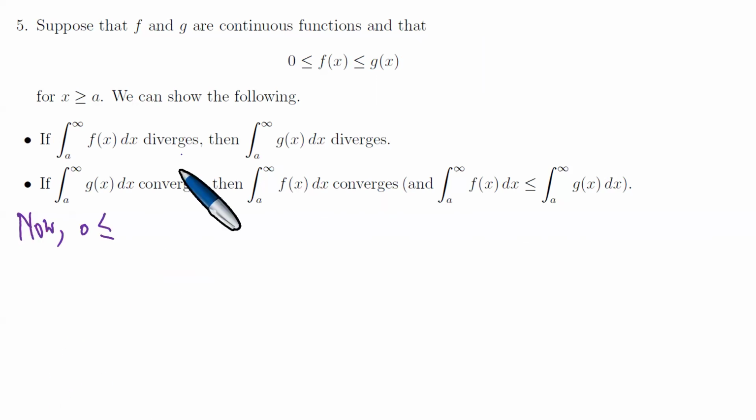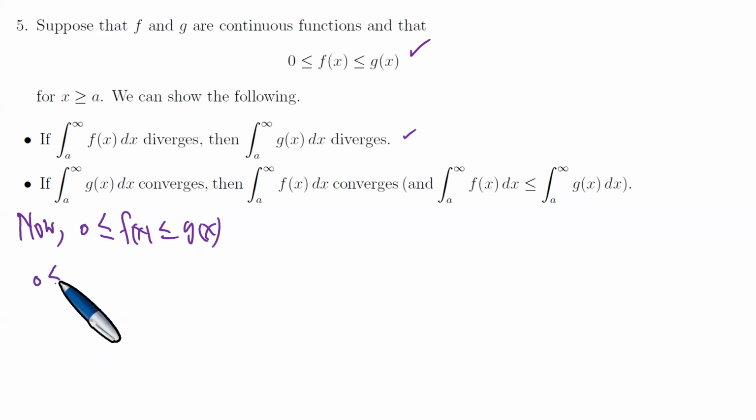To prove this, we take the first result, with the hypothesis that 0 is less or equal to f of x, and f of x is less or equal to g.